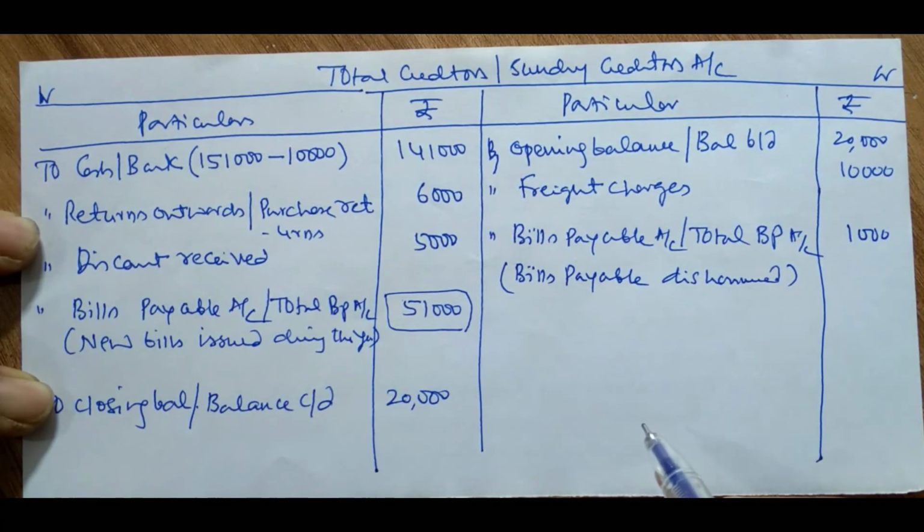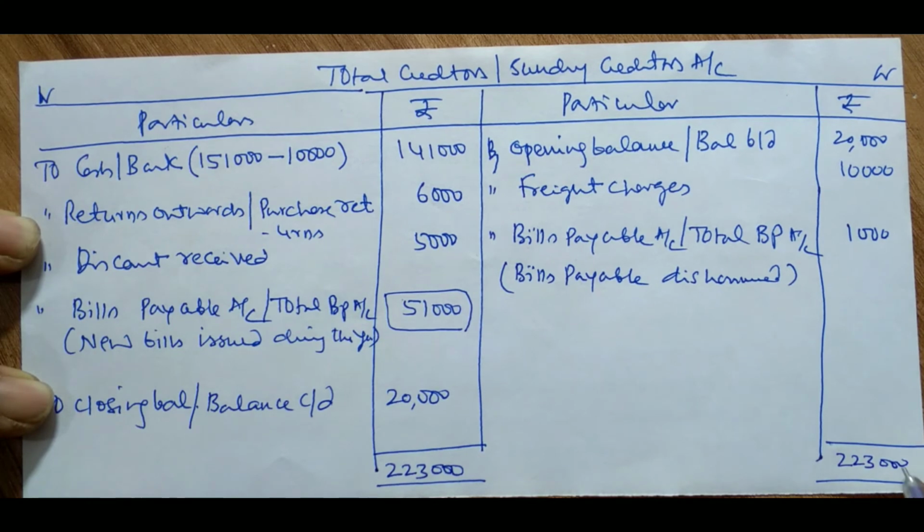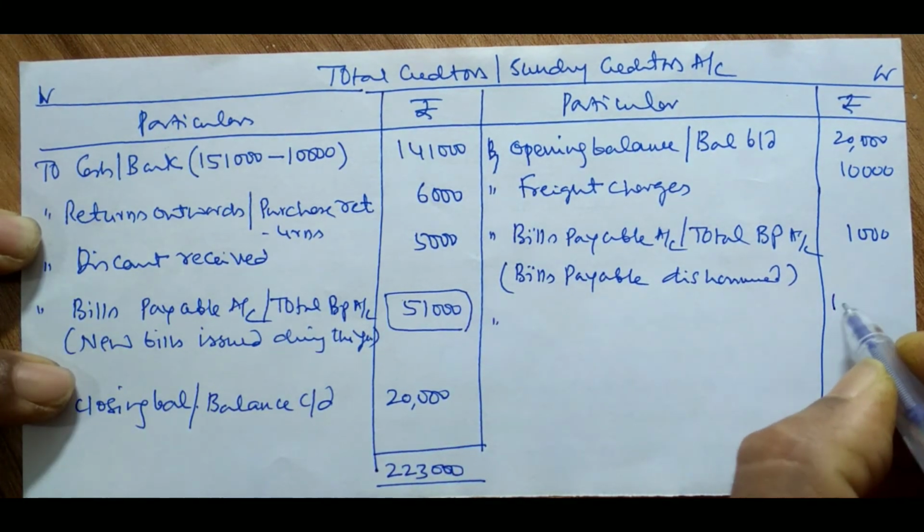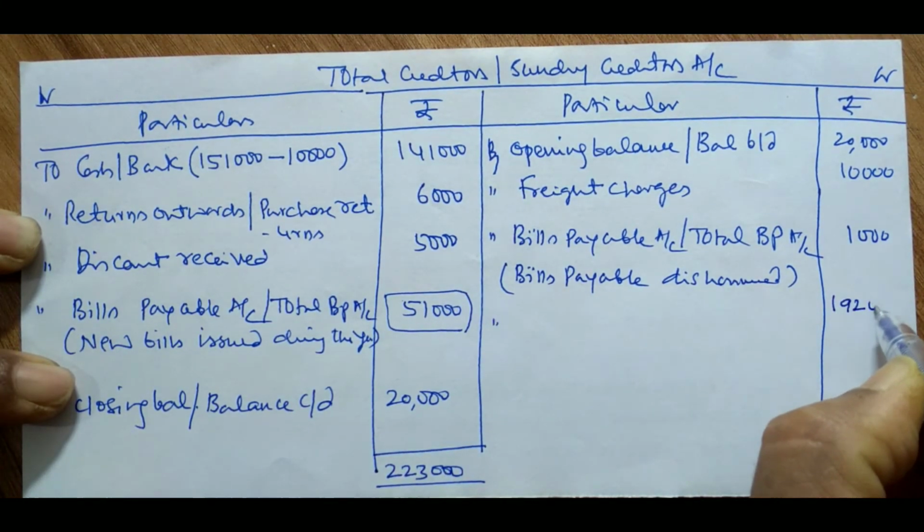After taking all these figures, we must close this account. There is an amount, debit side is greater than the credit side. The total amount 2,23,000 must be taken opposite side 2,23,000. Out of 2,23,000, if we deduct the above said items, the balancing figure will be 1,92,000.